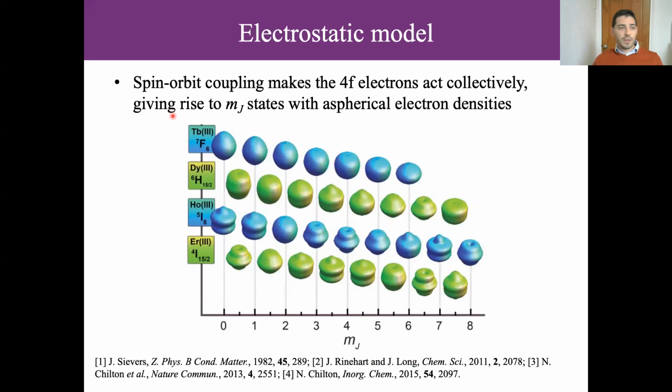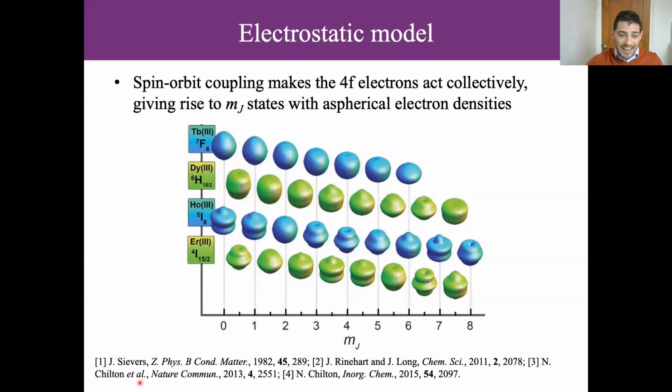And so once we've coupled the spin and orbital momenta, the f electrons are all acting cohesively. So we're not talking about electrons in orbitals or anything like that anymore. These are the mJ states, and they are collective properties of the 4f electrons. And so these have well-defined aspherical electron densities for the 4f electrons in a given mJ state.